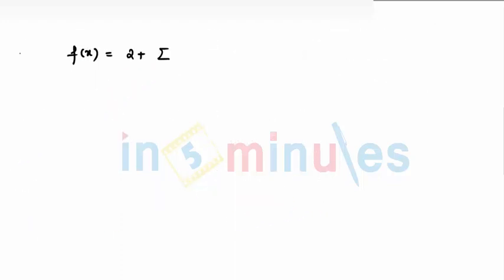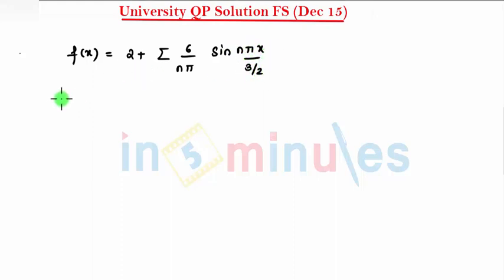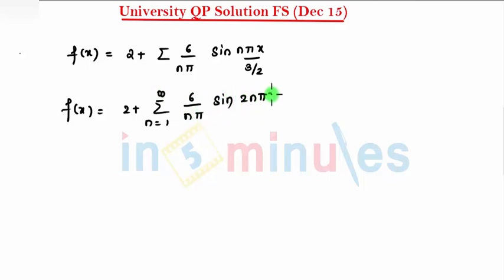Bn is 6 upon n pi, so 6 divided by n pi into sine of n pi x divided by L, which is 3 by 2. So we can say f of x comes to be 2 plus summation n equal to 1 to infinity 6 divided by n pi sine of 2n pi x divided by 3. So that comes to be our Fourier series.